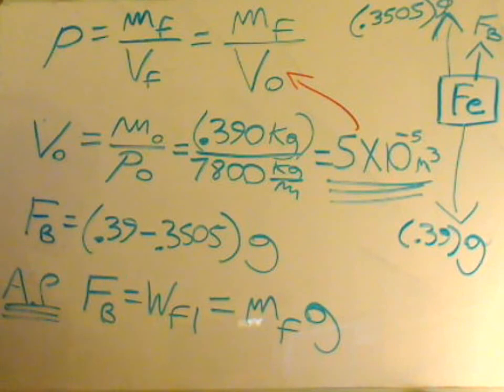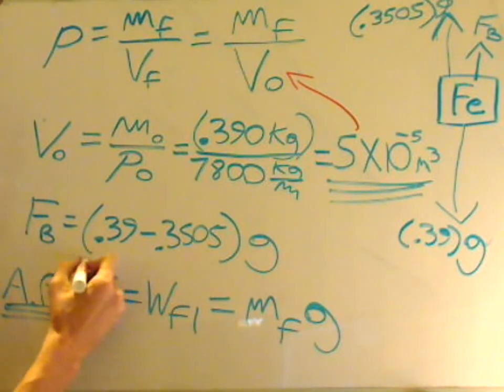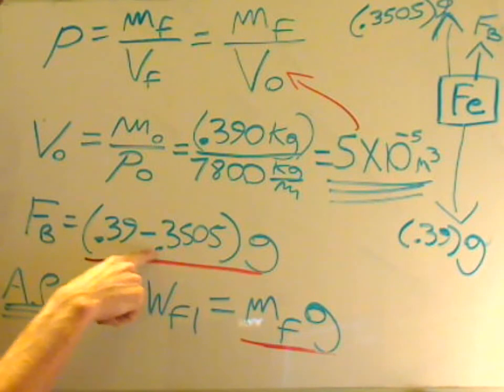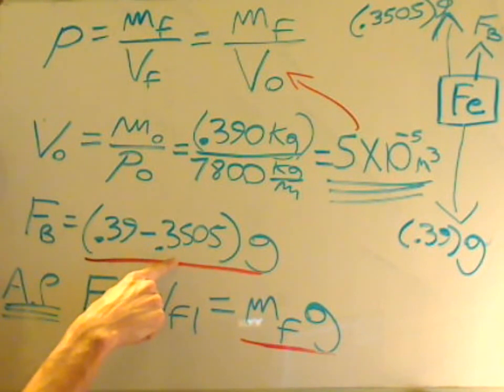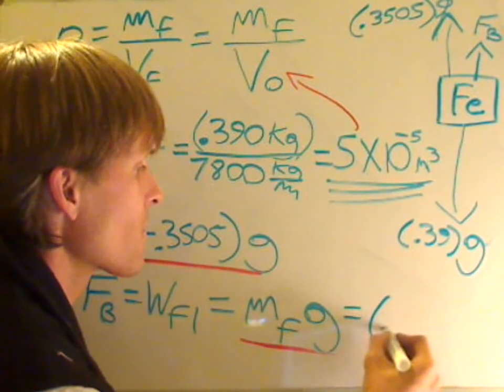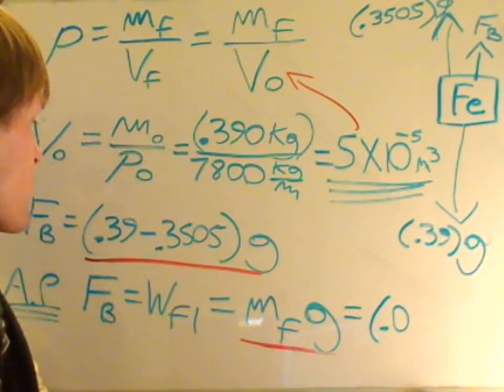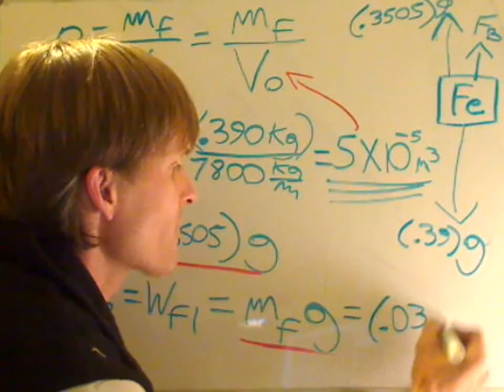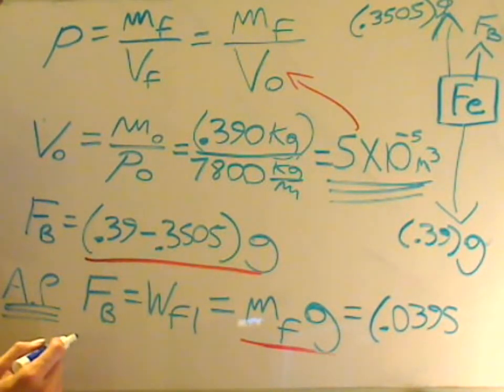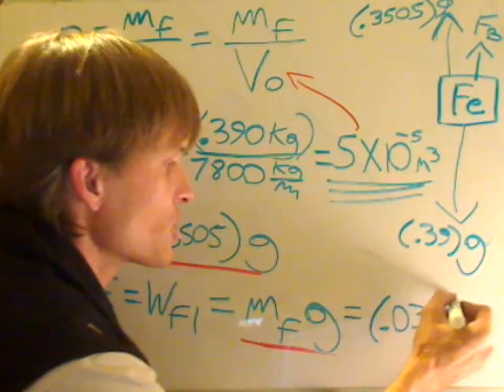Therefore, these two things are equal to one another. So that minus that gives you the number 0.0395, times g.